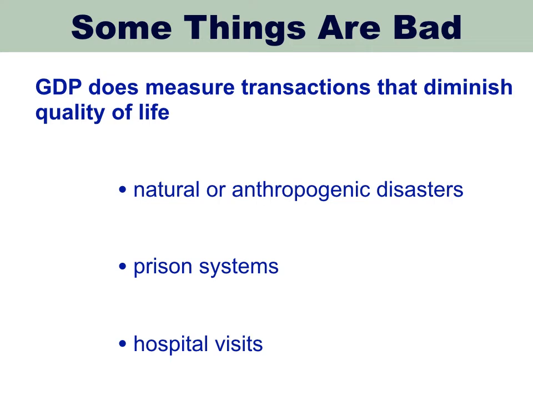And there are some things that get counted in GDP that are actually bad for humans, right? So when we have some sort of disaster, whether it be natural or anthropogenic, this may cause the GDP to increase because people need to clean up that particular disaster, and therefore it has a positive impact on GDP.